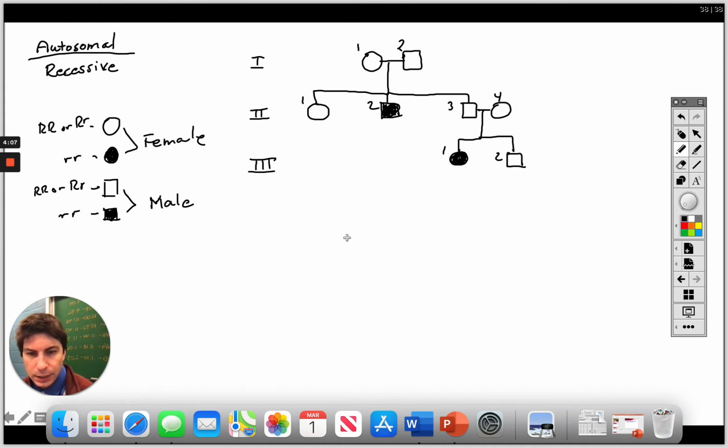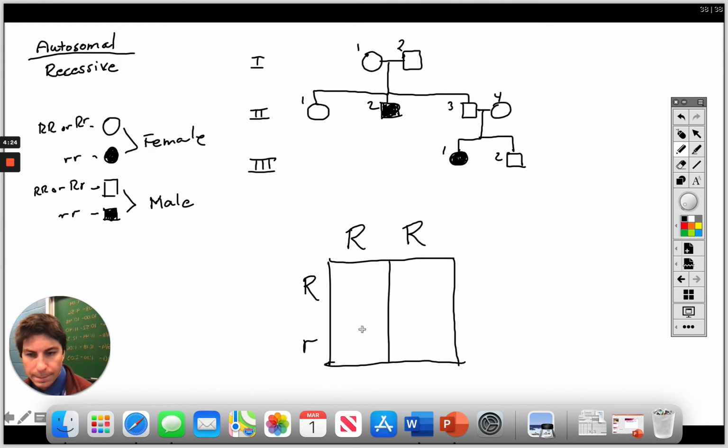So let me try this. And I like to be wrong, guys, just because it helps to justify the right answer. So I'm going to say number 1 is big R, and I'm going to say number 2 is big R, little r. There you go.